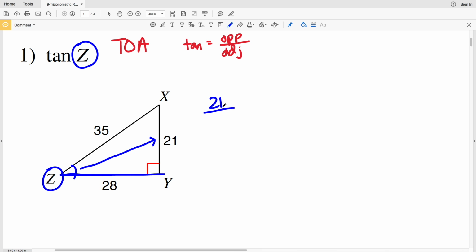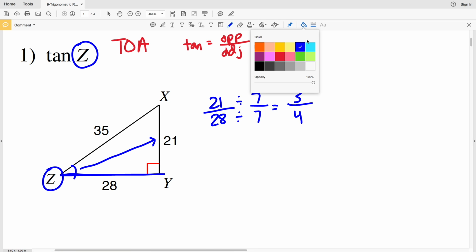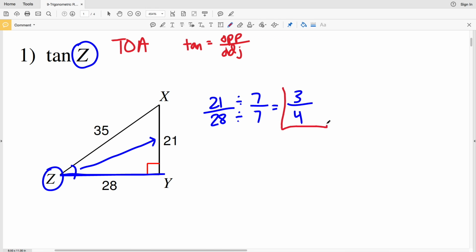So that is 28. Now we'll simplify. I can divide both the top and bottom by 7. 21 divided by 7 is 3, and 28 divided by 7 is 4. So the tangent of angle Z is 3/4 in number 1.